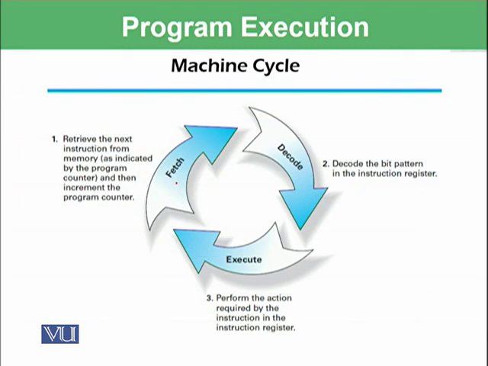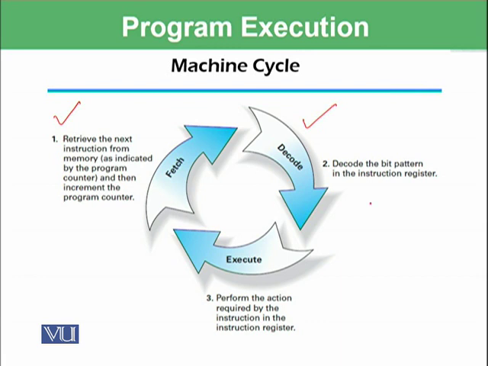So this would be the machine cycle. First of all, we perform fetch: it retrieves the next instruction from memory as indicated by the program counter, and then increments the program counter. After that, there is a decode phase, in which we try to understand what has been said by the instruction.